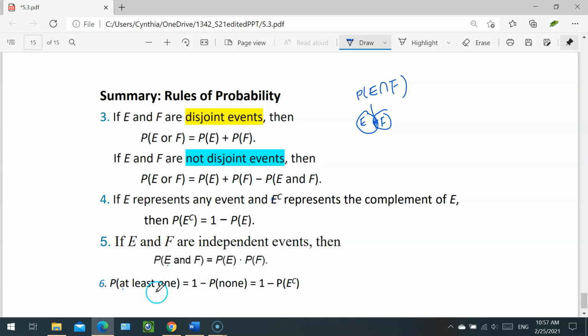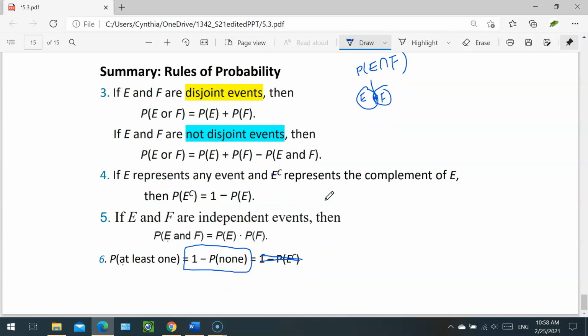To find at least one event, we use 1 minus the probability of none. This is the same meaning as using 1 minus the probability of the complement. So that's the same meaning; you are finding at least one event. But I want you to just use this one, memorize this one, then you will not go wrong. All right, so this is section 5.3.